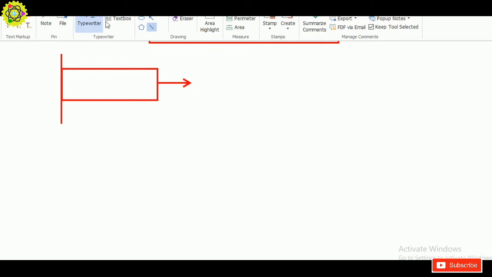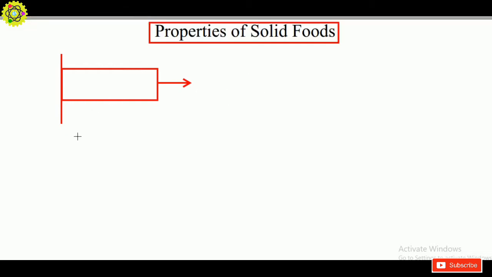Because of this tensile force, sometimes this bar gets elongated and goes up to this position.